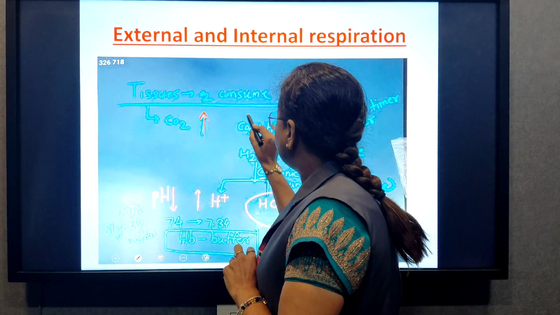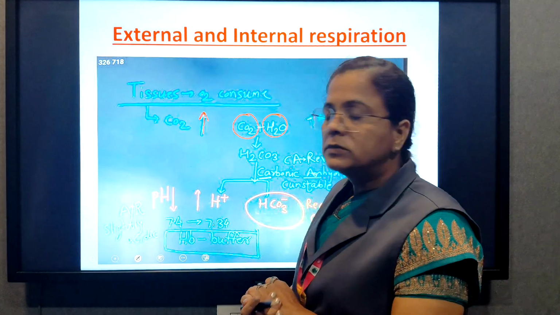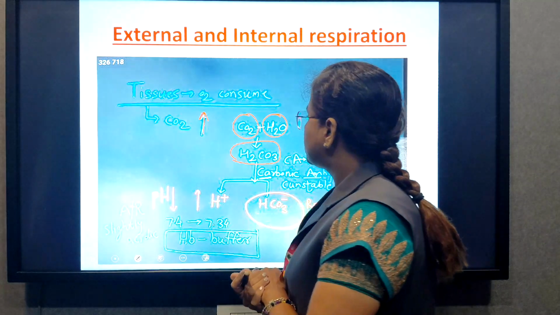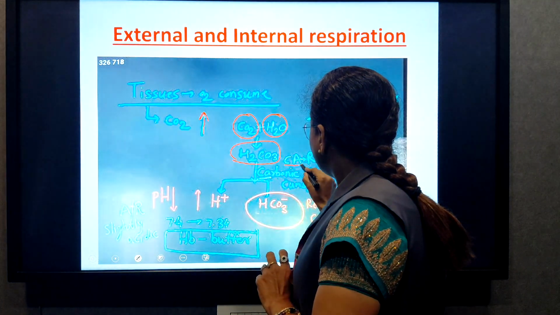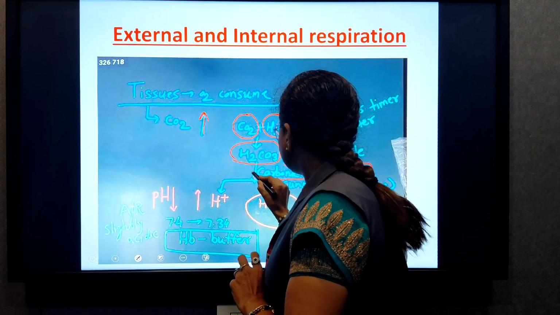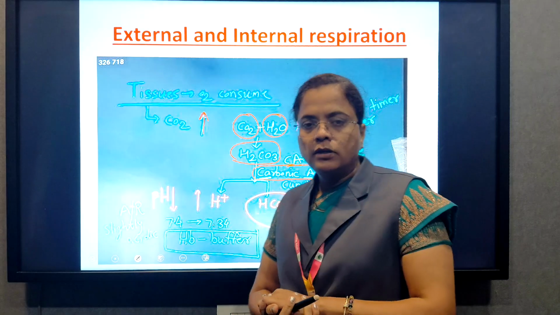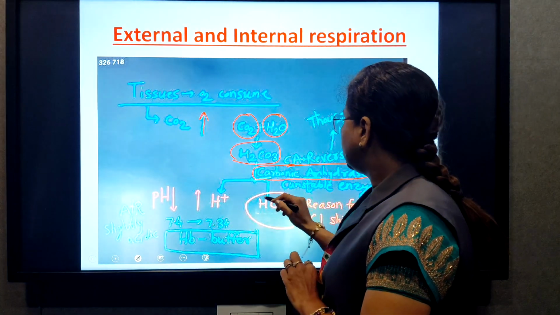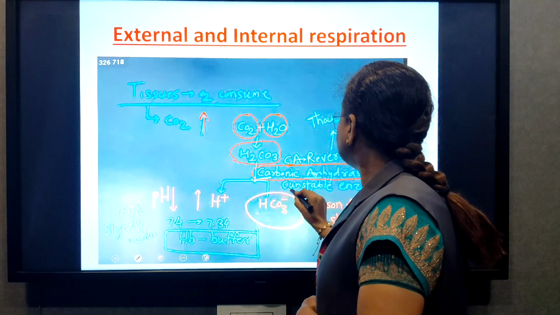This carbon dioxide combines with water to form H2CO3. This H2CO3, in the presence of the enzyme carbonic anhydrase, dissociates quickly because it is unstable.